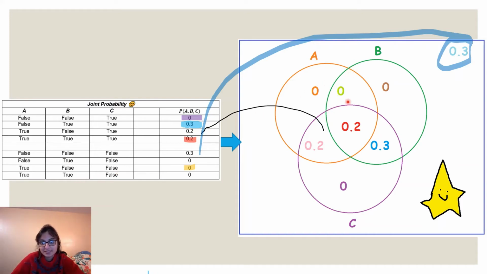That is given by this part here, because this part does not fall within C. So this 0 is the 0 here. That's how you can take the joint probability table and represent it in a Venn diagram, and then you can interpret it that way.